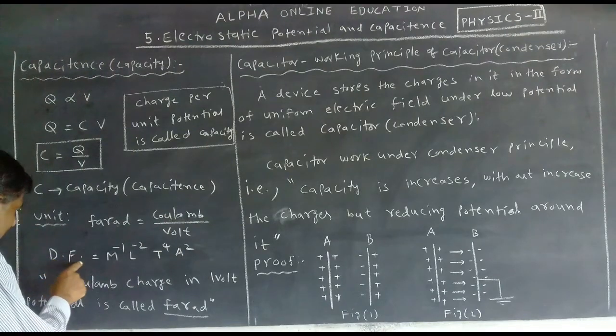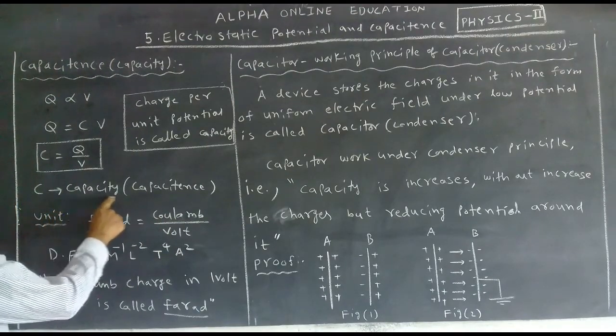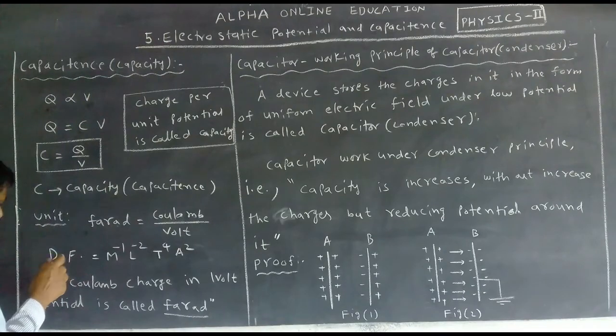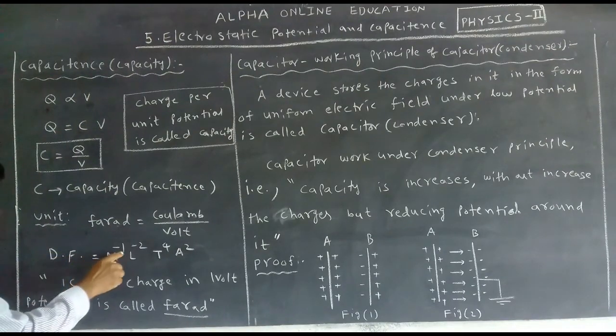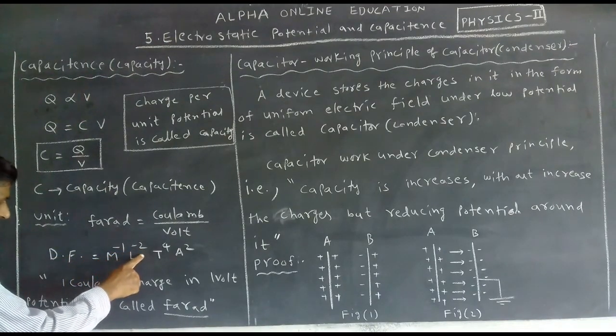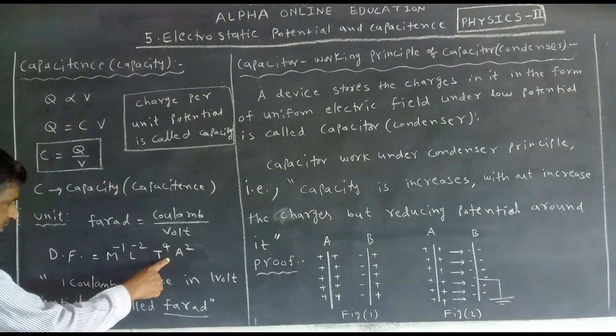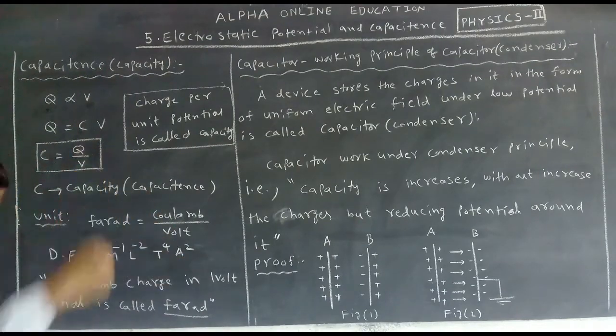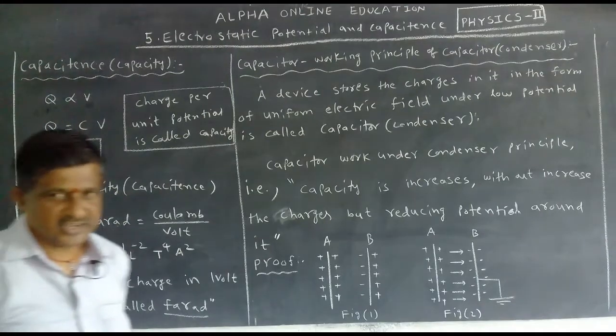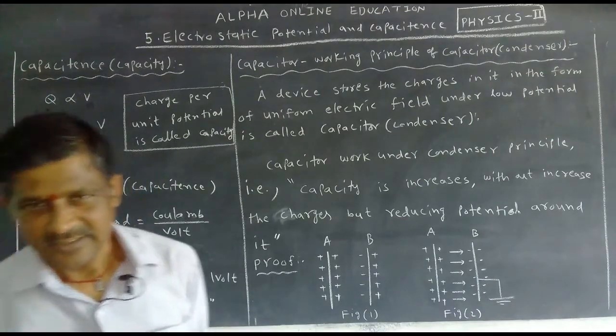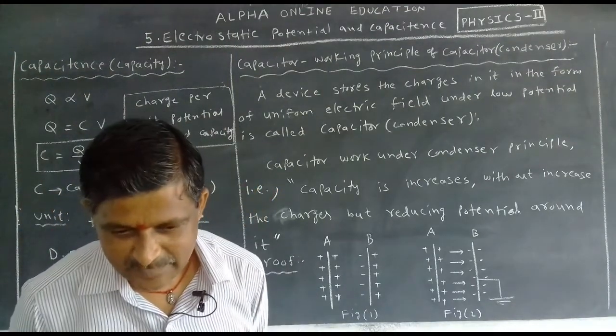Now, what is the dimensional formula of capacity? The dimensional formula of the capacity is M minus 1, L minus 2, T4, A2. This capacity also has one speciality in the dimensional formula.